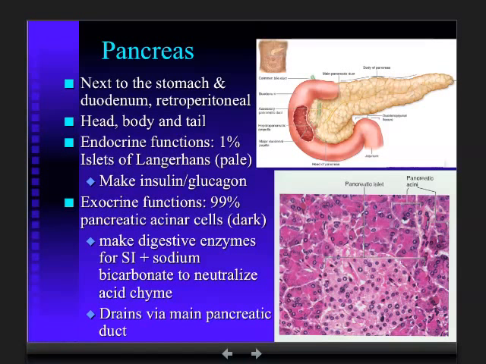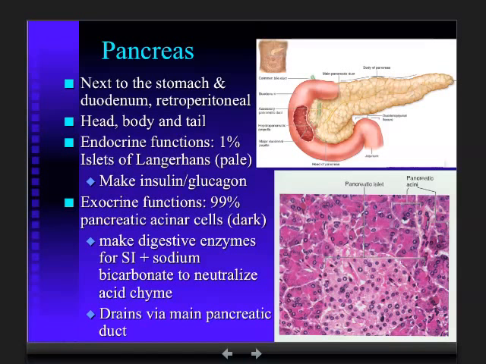Let's talk about the exocrine first because we've been talking about food digestion. Your pancreas secretes bicarbonate, which is intended to neutralize stomach acids. And so what did we say? It goes into the duodenal papilla, right? It drains into the duodenal papilla.